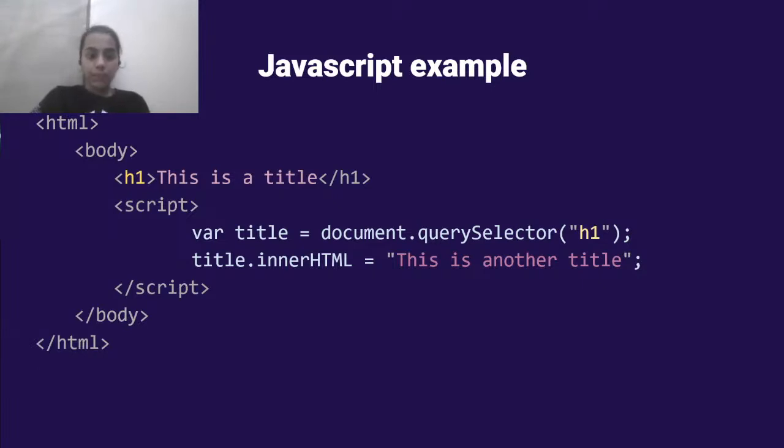Next, let's talk about JavaScript APIs. A JavaScript API refers to the collection of functions, methods, and objects that allow you to interact with and manipulate various aspects of a system, application, or service using JavaScript code. APIs provide a way for different software components to communicate and exchange data.